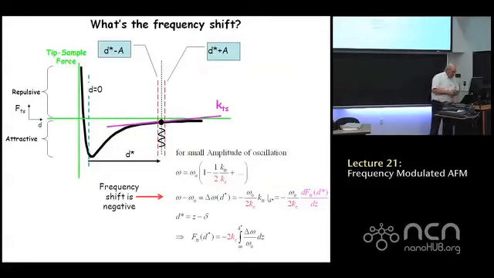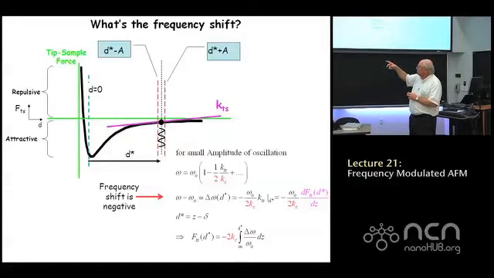So here I just put in the arithmetic to calculate what the frequency shift is. I just explicitly calculate omega minus omega naught. And then I use the approximation that the spring constant between the tip and the sample is just equal to the derivative of the force with respect to position.